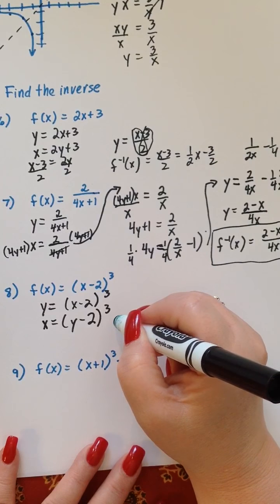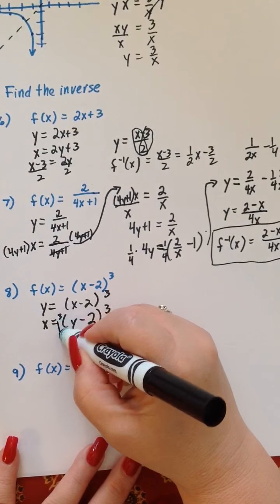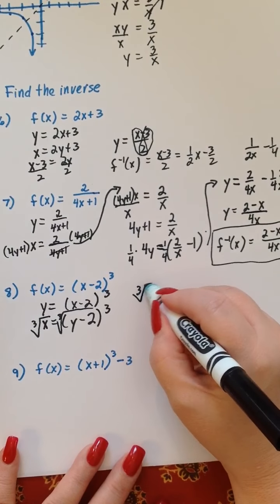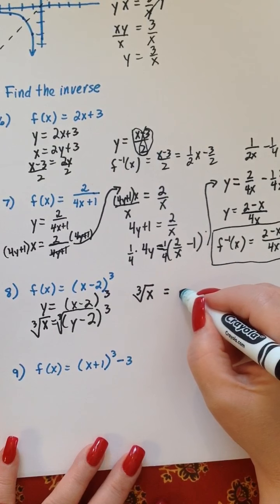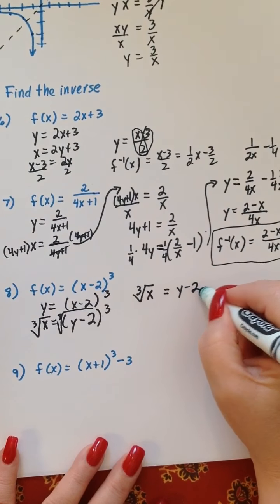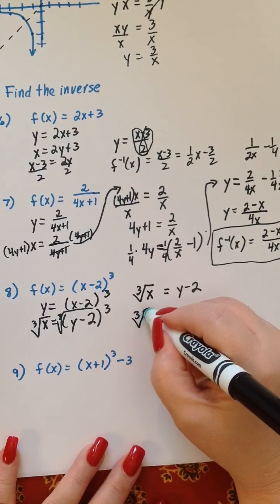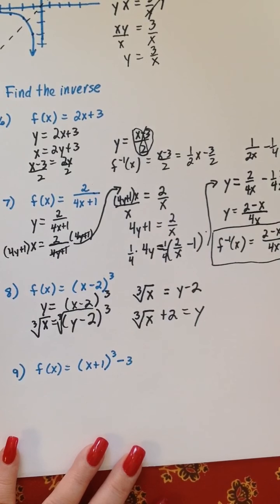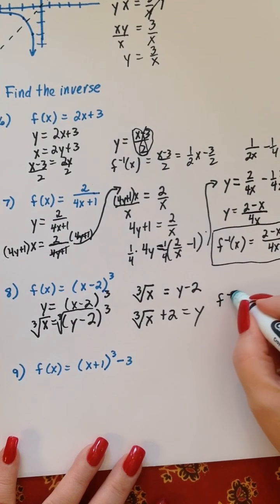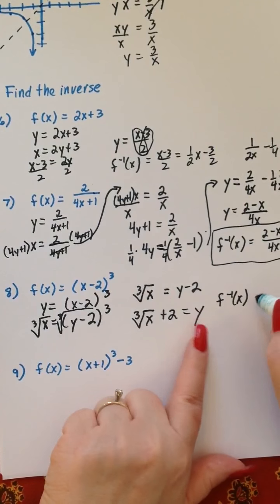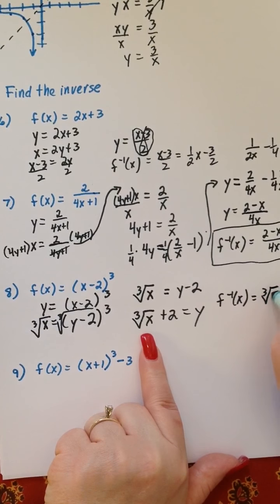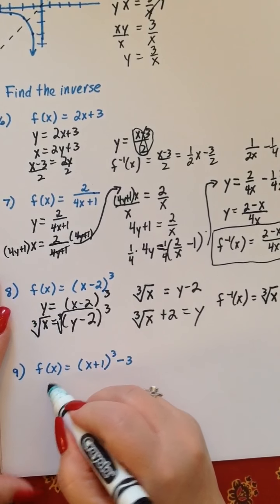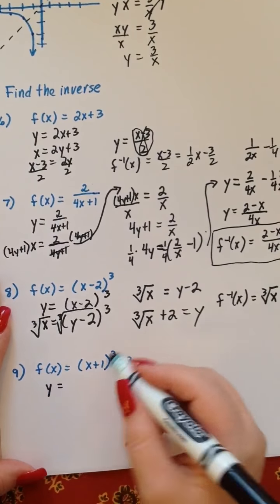And then take cube root of both sides, which would give me cube root of x is equal to y minus 2, and then I'll just add 2 to this side, so it'll be cube root of x plus 2 is equal to y. Or they're going to write it like this. Inverse of x, instead of y, they're going to write inverse, is equal to the cube root of x plus 2.